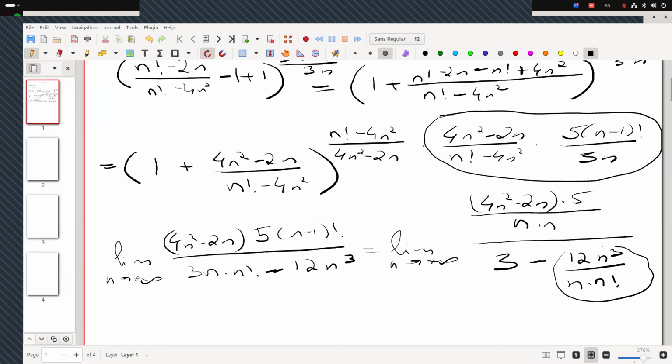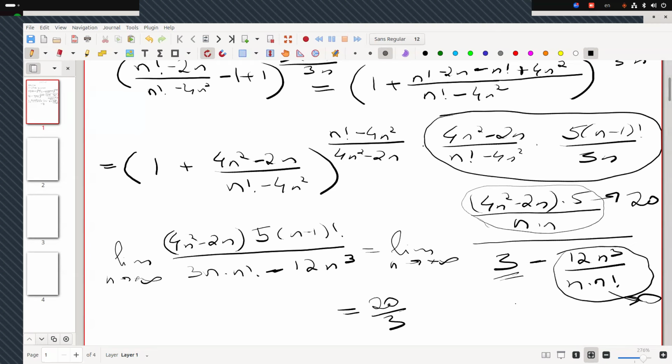What is the limit of this part? 0. Correct. What is the limit of this component? 4 times 5 is 20. Overall limit here is what? 20 divided by 3.